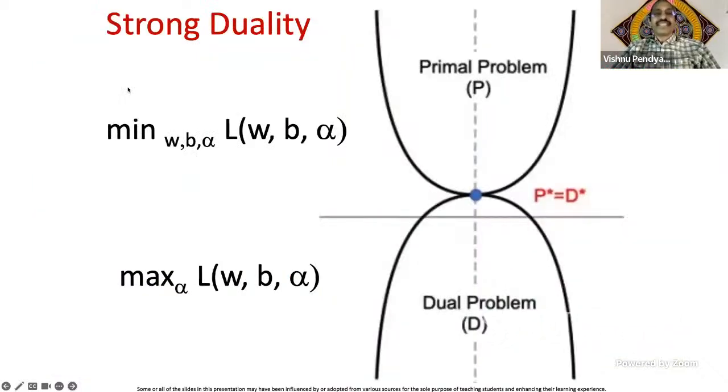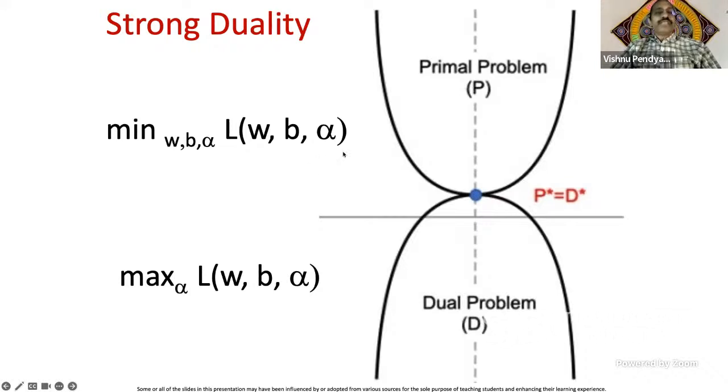It is illustrated in this figure. Strong duality is when these two curves touch each other. One curve probably represents L with respect to x comma y comma alpha, or in our case, W comma B comma alpha: weights, bias, and then alpha.